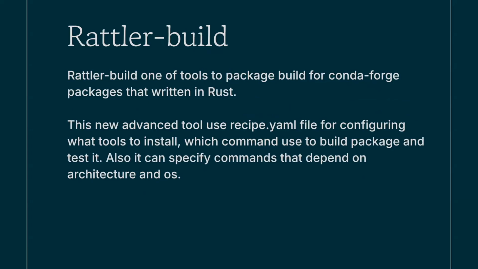There are several ways to apply packages into conda-forge, and one of them is rattler-build. Rattler-build is a new one, written in Rust, so it's really fast, and it's also being updated really quickly. It also provides a really comfortable way of configuring packages in recipe.yaml, which is readable and easy to understand.